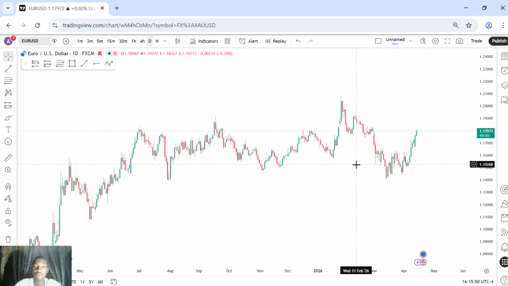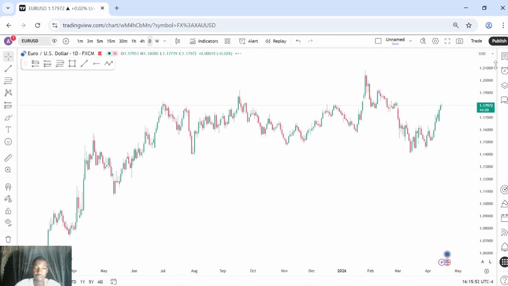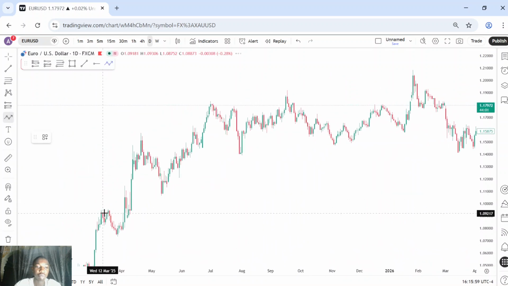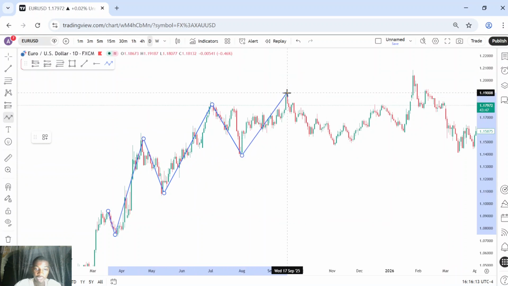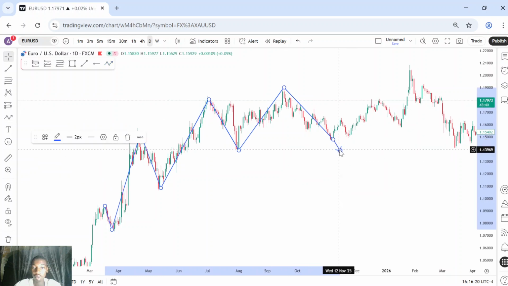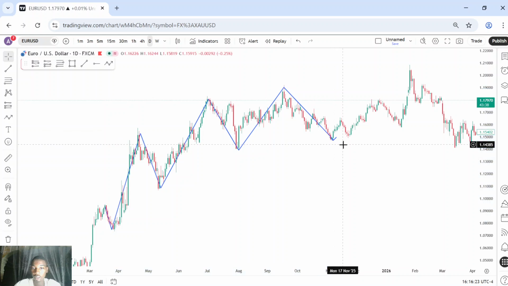From here, what can we notice? USD has been in a bullish trend all this while. If you notice, higher high, higher low, higher high, higher low. It has been having a series of higher highs and higher lows.